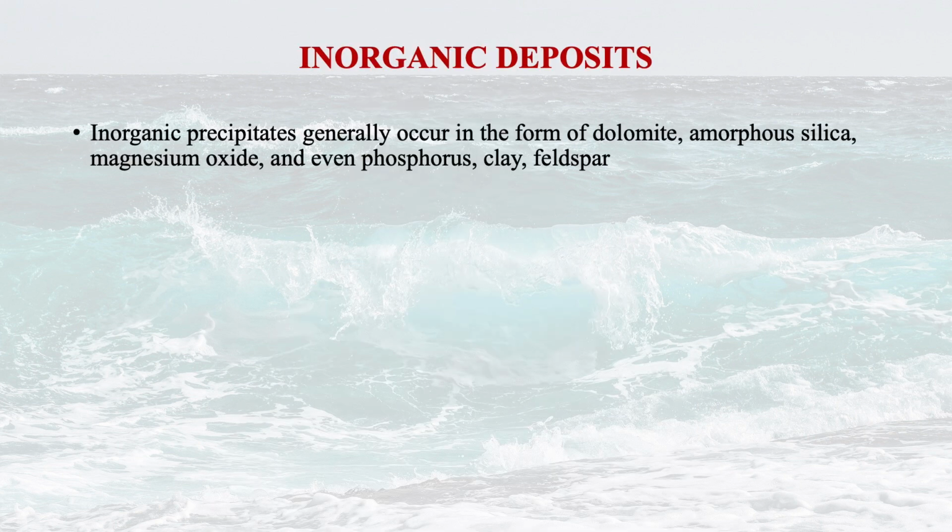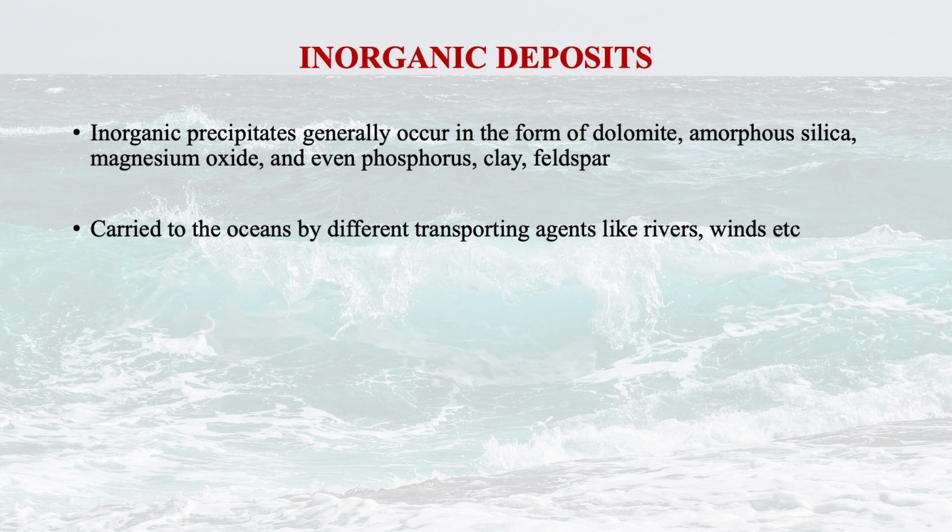Now, what are inorganic deposits? Inorganic deposits occur in the form of inorganic precipitates, and they include dolomite, amorphous silica, magnesium oxide, and even phosphorus, clay, feldspar, etc. They are carried to the oceans by different agents of erosion, which you must have studied in the block on lithosphere.